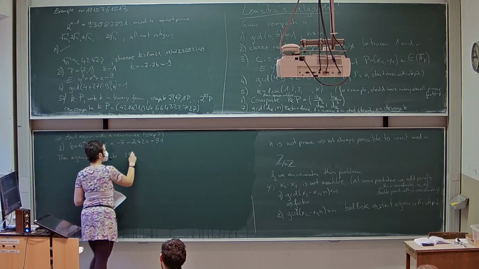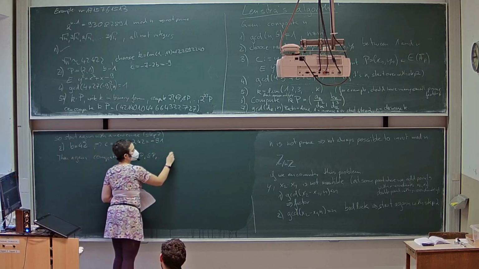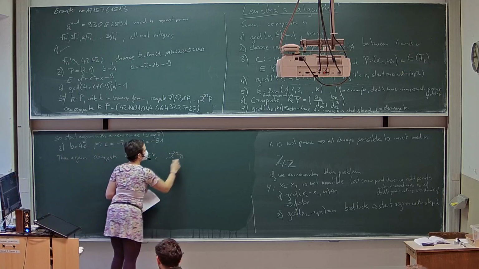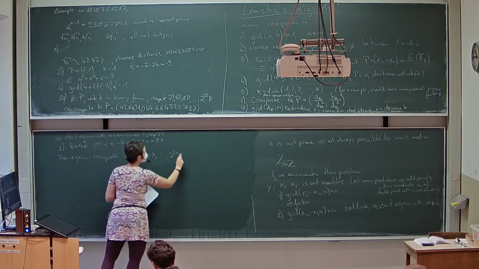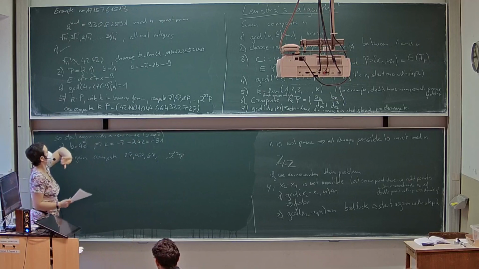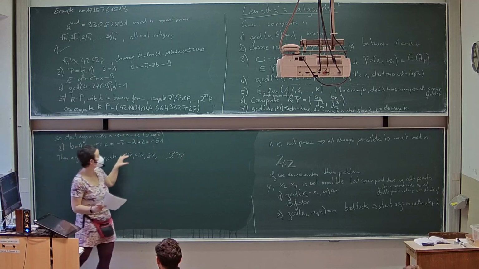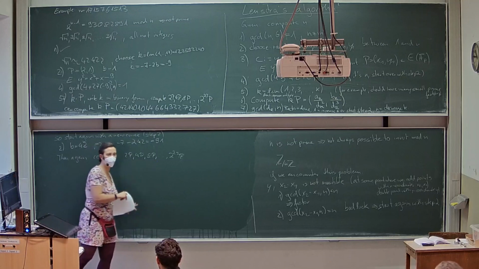We compute 2p, 4p, 8p, and so on, until 2 to the 23p in order to compute k times p. It's still modulo n, but now it's the same point on another curve.